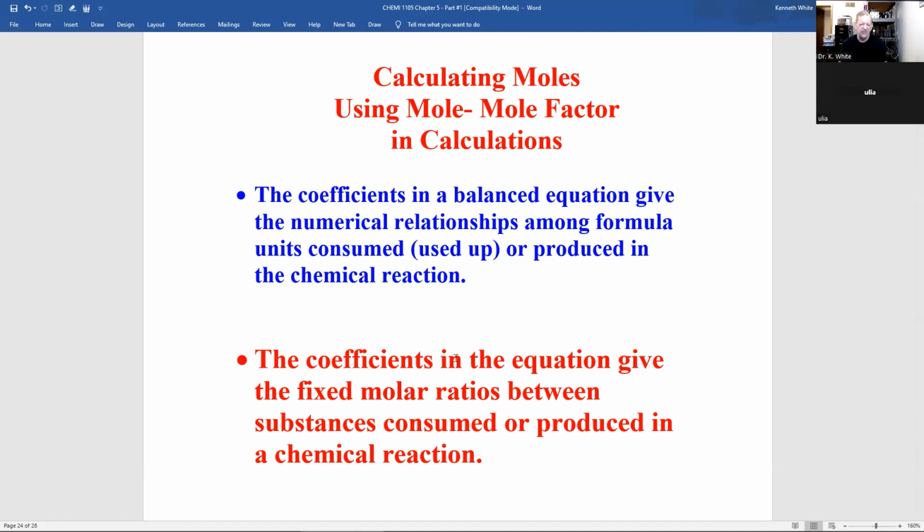In your book, it says the coefficients in a balanced chemical equation give the numerical relationship among formula units consumed, used up, or produced in a chemical reaction.